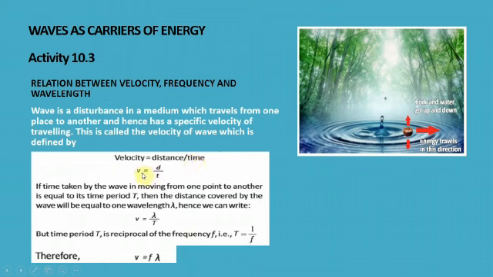Now students, the formula of velocity is d upon t, but here if time taken by the wave in moving from one point to the other is equal to its time period, if we take time period in place of this time, because we are talking about waves, so when wave from one end to the other moves, if the time is taken as time period and the distance covered by the wave is taken as lambda, or we can say wavelength, then the new equation is formed, that is in place of d we can put wavelength, and in place of t we can put time period.